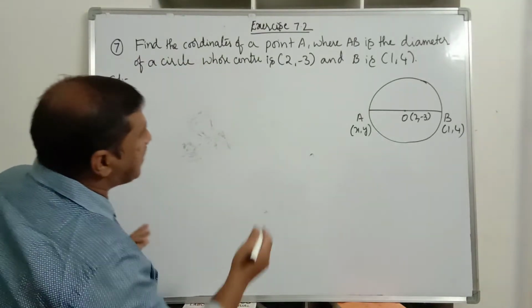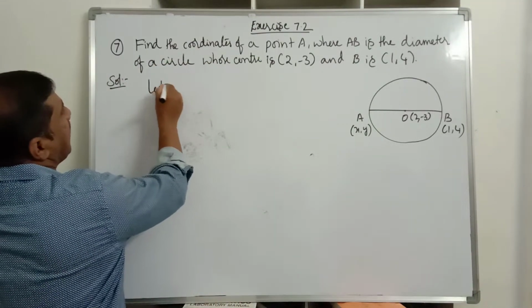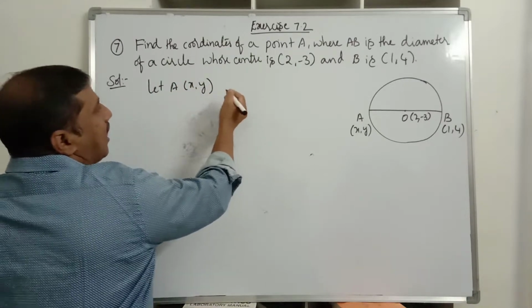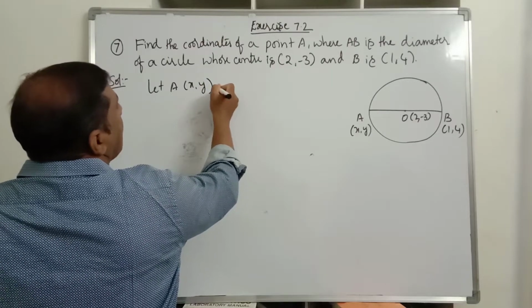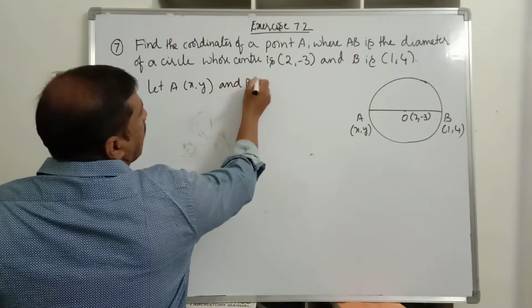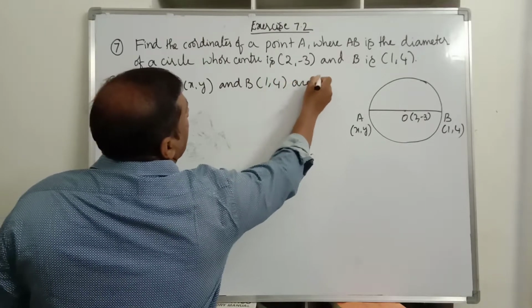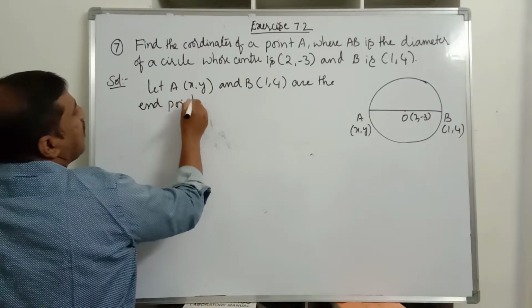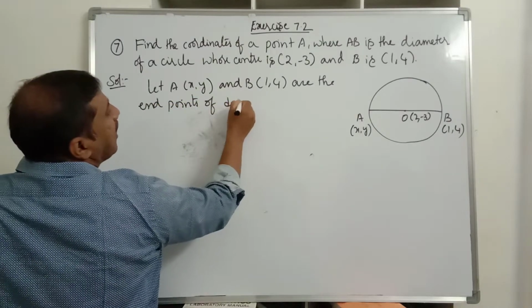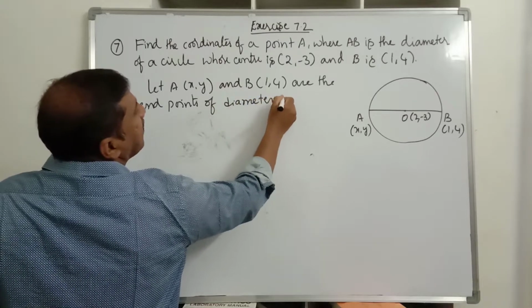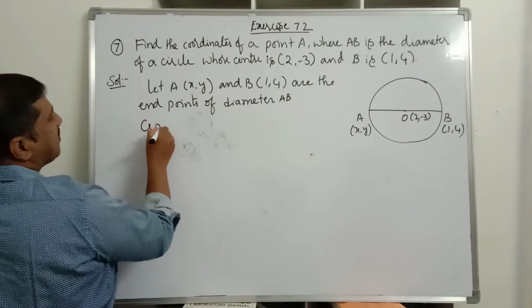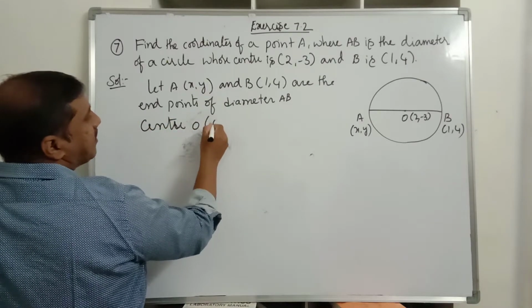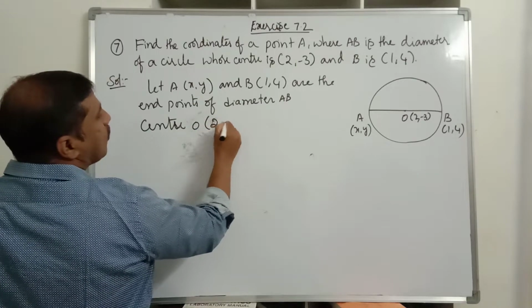So let A (x, y) and B (1, 4) be the endpoints of diameter AB, and the center of the circle, that is the midpoint O, is (2, -3).